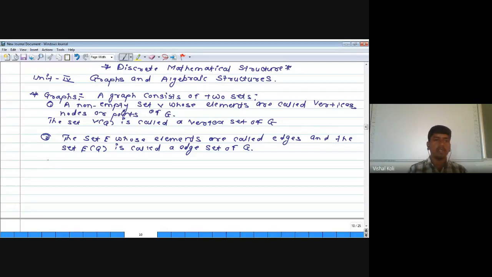Actually graphs are denoted by diagrams.